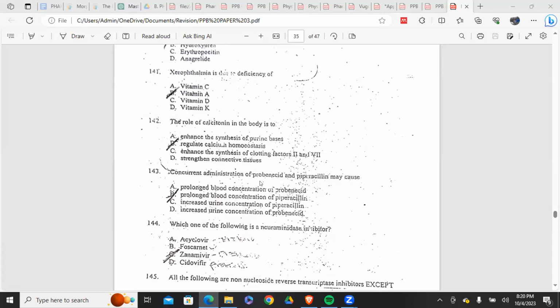Concurrent administration of probenecid and piperacillin may cause paralysis. Yeah, he's right. It's prolonged blood concentration.